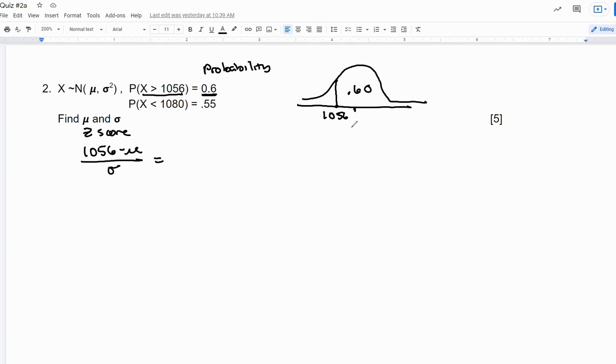Now, I don't know what the mean is, but if I convert this to a z-score, the mean will become 0, and will this number here be positive or negative? Now, how can I find out this number as a z-score?